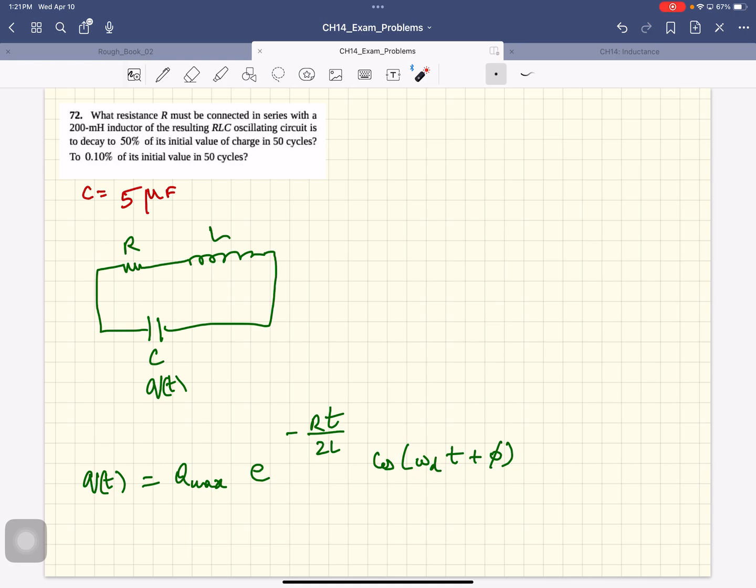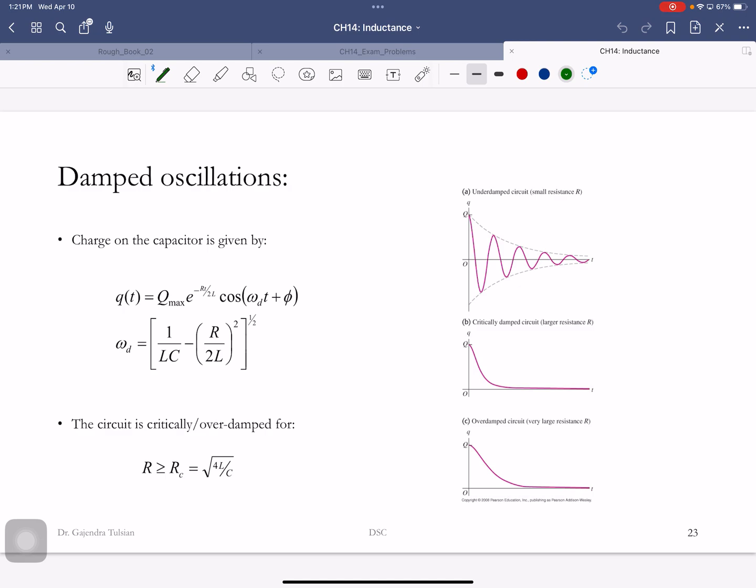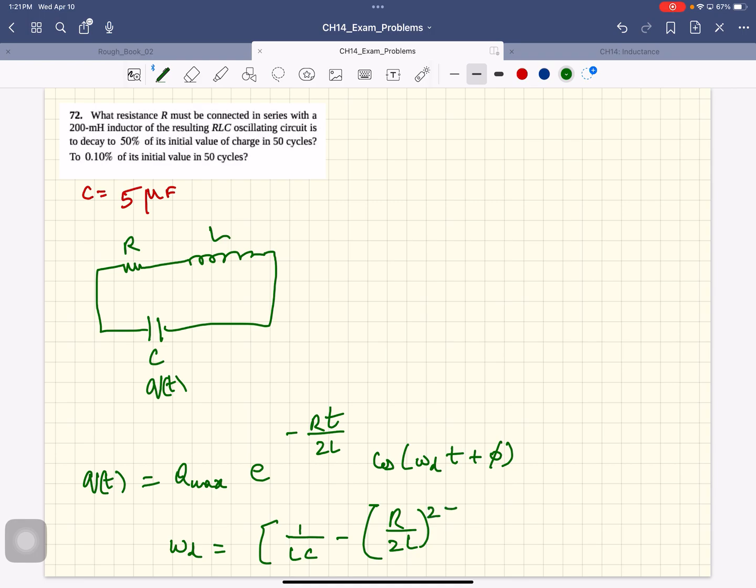That's the damped frequency. So there's the undamped frequency, and that's how the resistor changed the frequency.